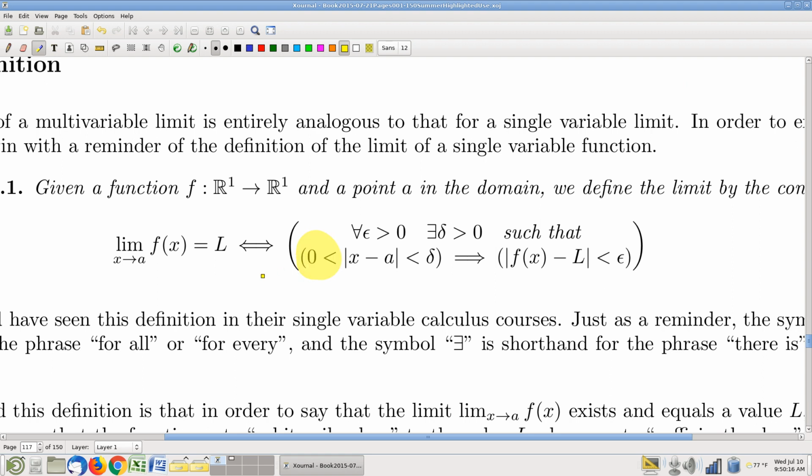Right there, you can see we're saying, look, it's only when x minus a is greater than 0. In other words, it's only when x is not equal to a that I need a certain thing to happen. I have responsibilities when x is not equal to a. But if x is equal to a, if this difference is 0, all bets are off. This condition's not satisfied, and I don't have any responsibilities over here. Okay, all right, so that's why this is here, right there.